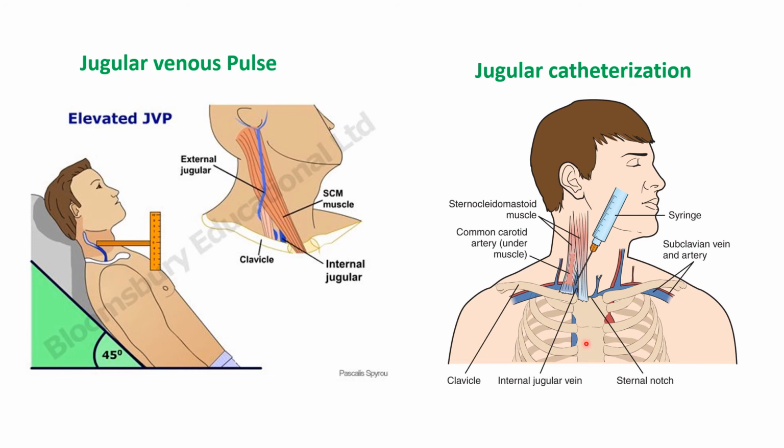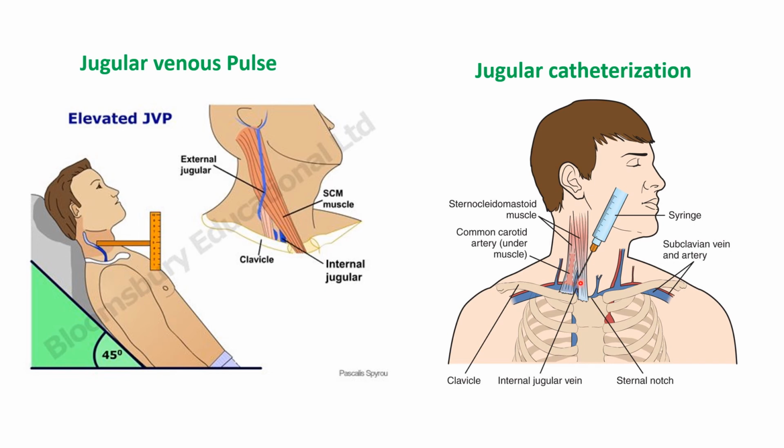Now, in case a patient is admitted in the ICU where continuous monitoring is needed, or sometimes to measure the pressures which are present in the heart, or to administer drugs and fluids in case the peripheral veins are obstructed, then a central venous access is put in the patient. This central venous access means now you are catheterizing through the jugular vein or through the subclavian vein.